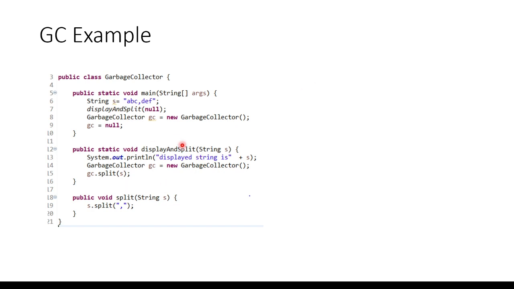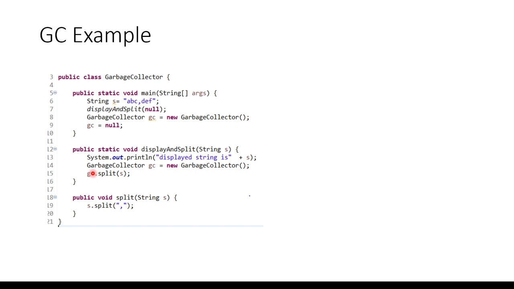So these are the two examples where I explained how objects become eligible for garbage collection. Based on this code, we decided that this GC object is eligible for garbage collection.